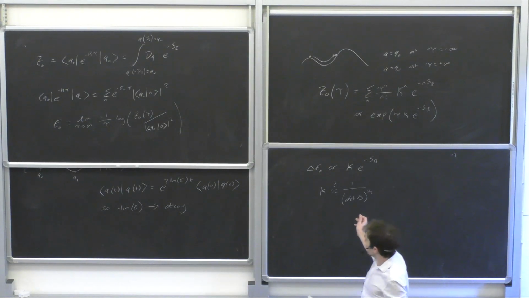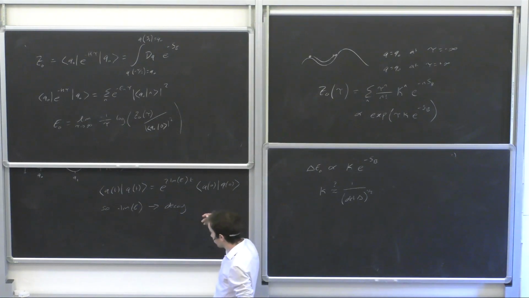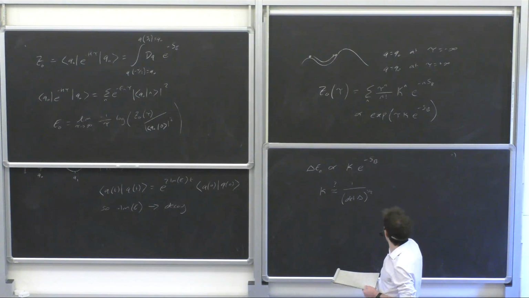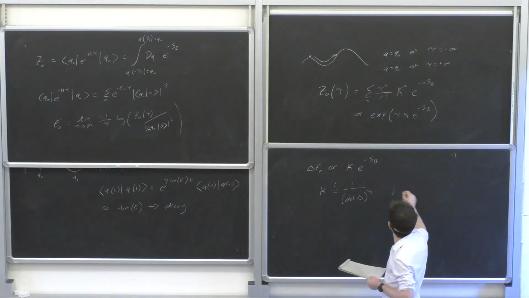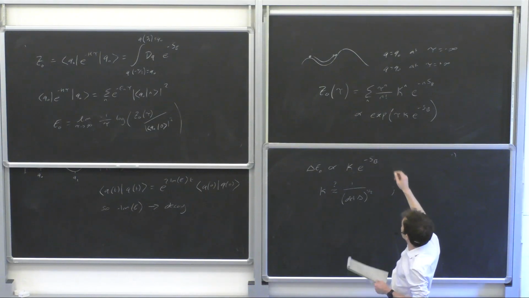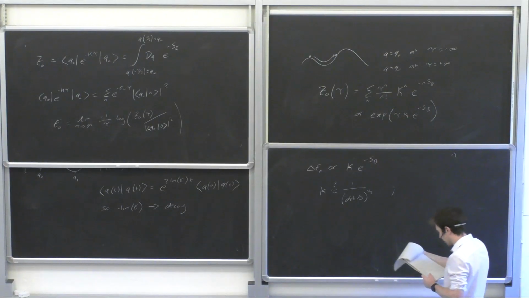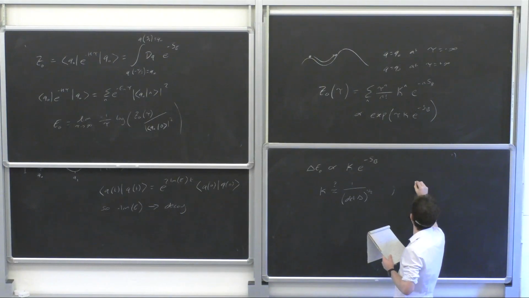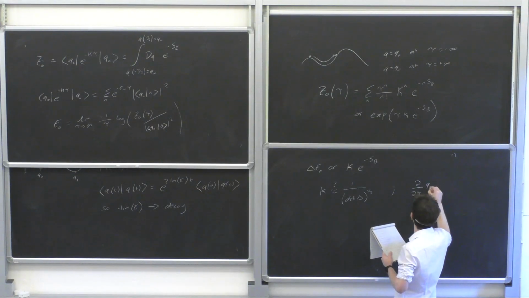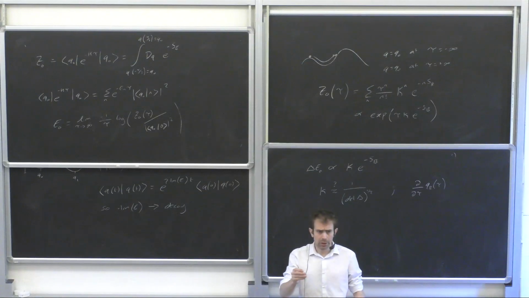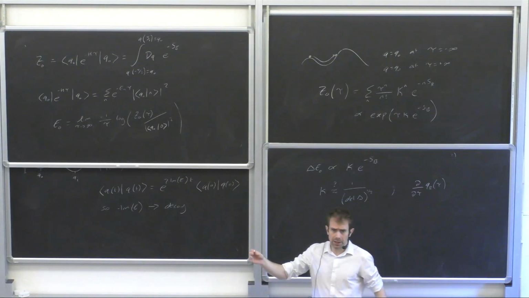However, in the case with two degenerate vacua, I argued that the instanton solution had no nodes in it. However, for this bounce solution, it's different. The zero mode is again given by something that looks like d by d tau of q bounce, a function of tau, because all I'm doing is taking my instanton and shifting it slightly in imaginary time.